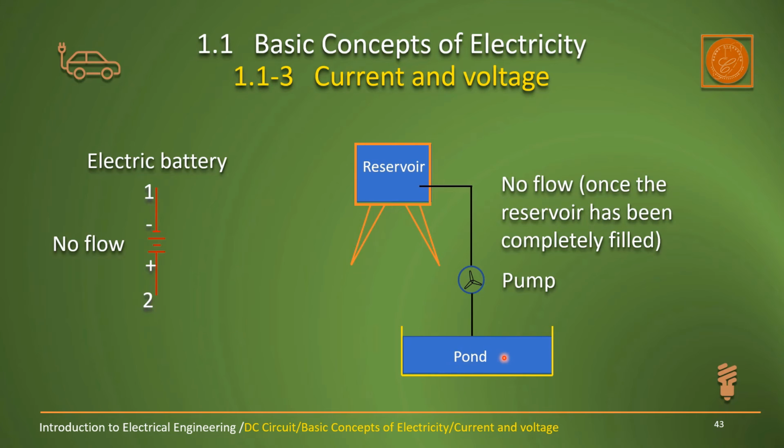This is a pump. If this reservoir is full, the pump cannot put any more water into the reservoir. Same with the electric battery. If it's only the battery, with no connection between the two points, there is no flow between the two points.